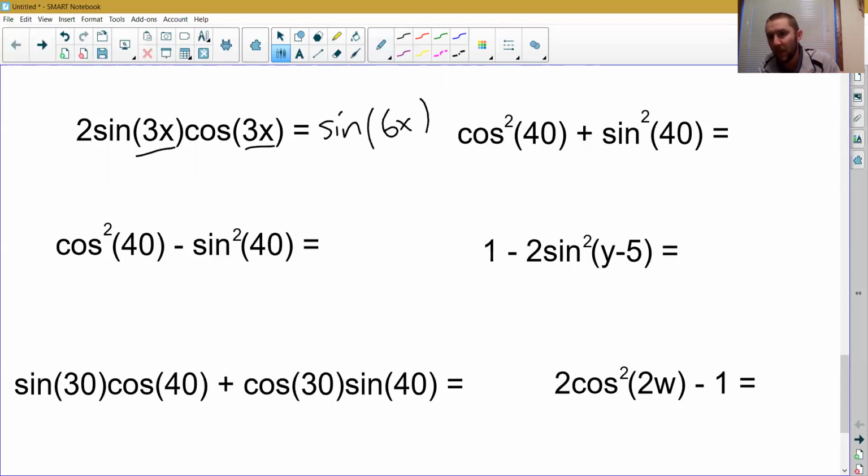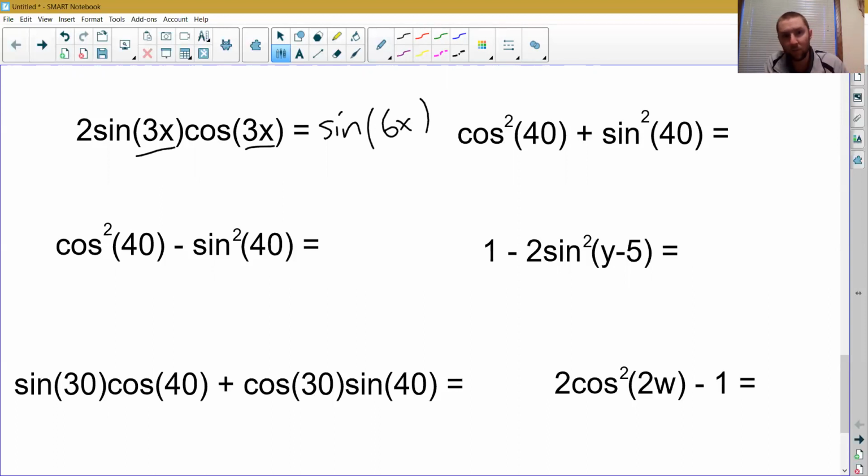This is precisely the double angle formula for sine. Now, if we look down here, this one says cosine squared of something minus sine squared of that same thing. Cosine squared minus sine squared. Does that equal 1? No, it does not. It equals cosine of 2 times the angle.